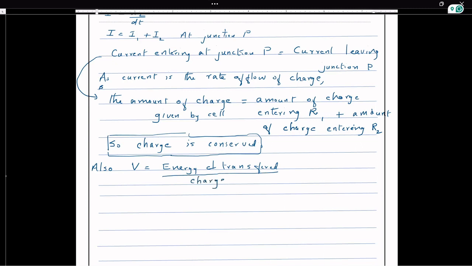And since it is the loop of resistors A and B connected in series with the third resistor C, we can say that the voltage given by the cell is distributed among the parallel loop.